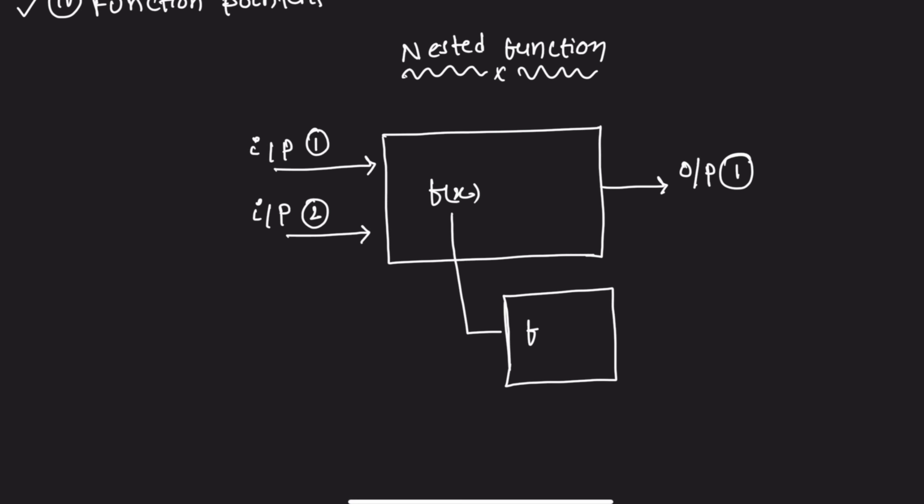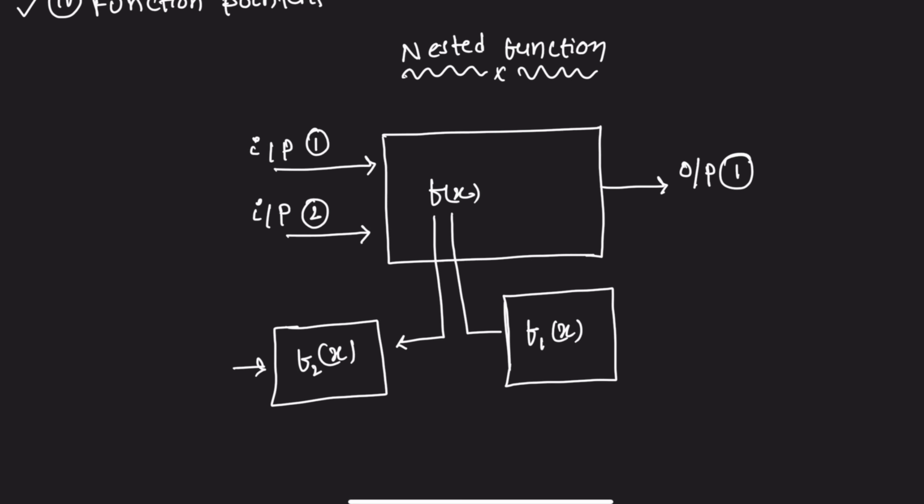Maybe this will be f1 of x, and the function can also call one more function, which could be f2 of x. These are the functions which receive some input and also give some output. In this case you can consider one input and one output.